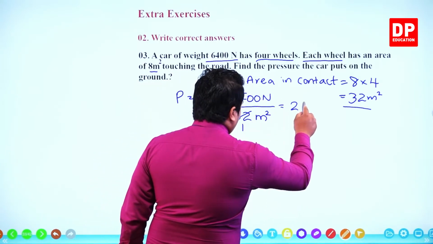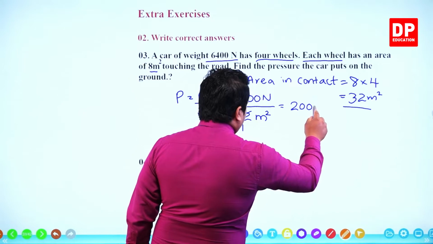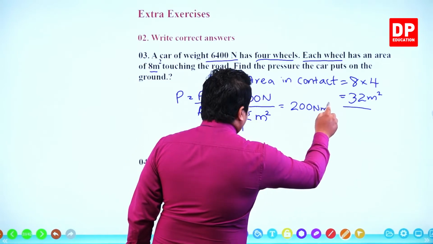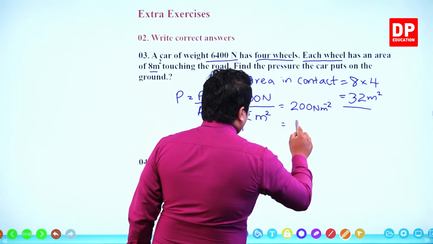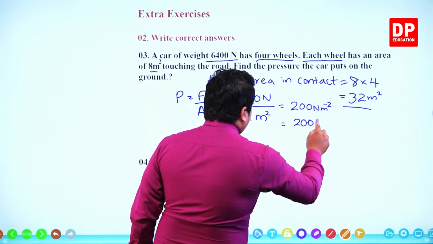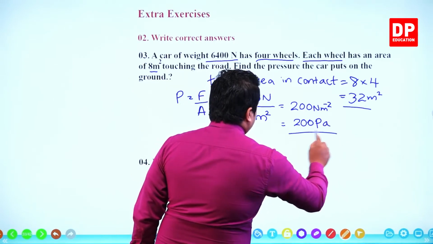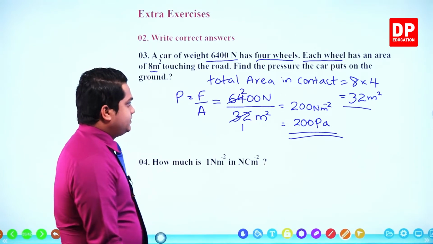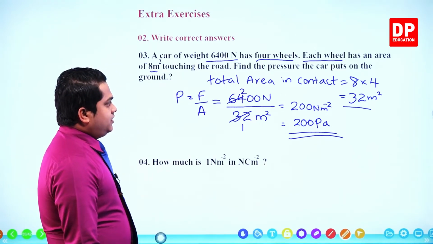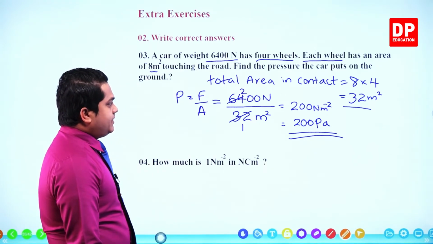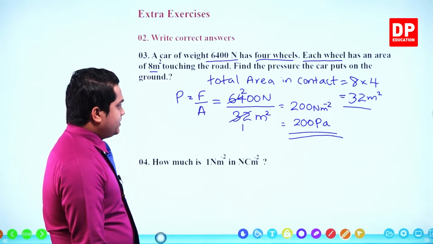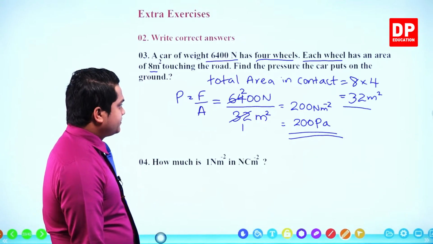Answer is 200 newtons per square meter or 200 pascals. This is our answer. Okay, 200 pascals or 200 newtons per square meter.